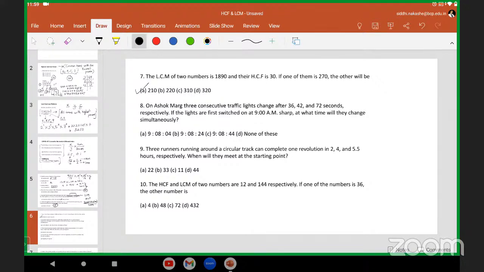Because 8 minutes are done, 8 into 60 is 480. If we subtract this, we are left with 24 seconds. So that means we have completed 9 hours, 8 minutes, and 24 seconds. So option B will be the answer. Is everyone getting the same?